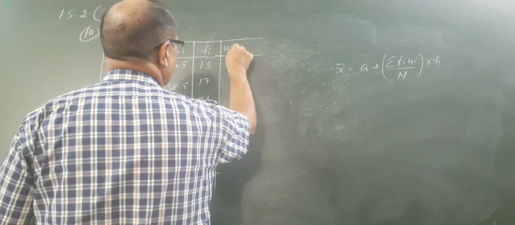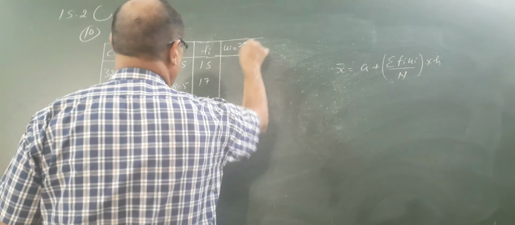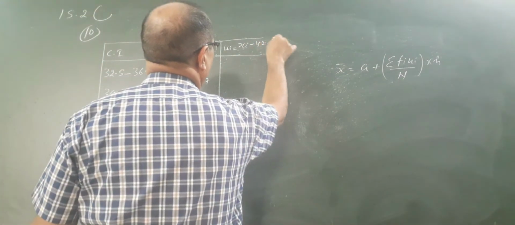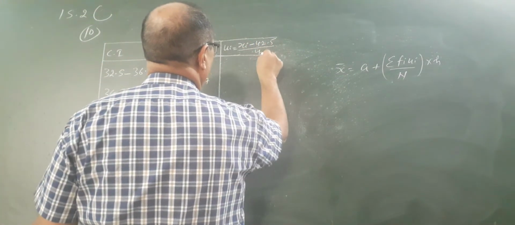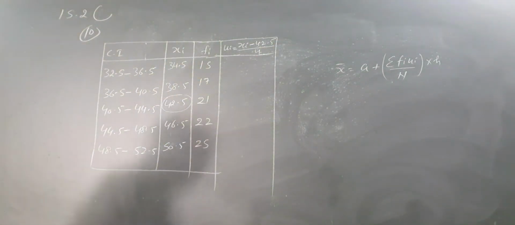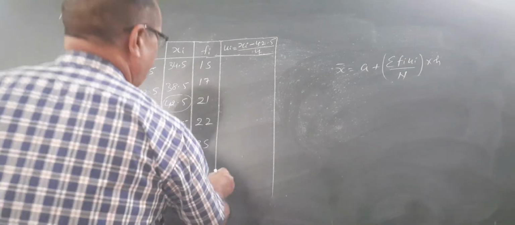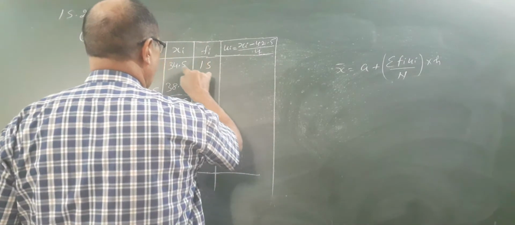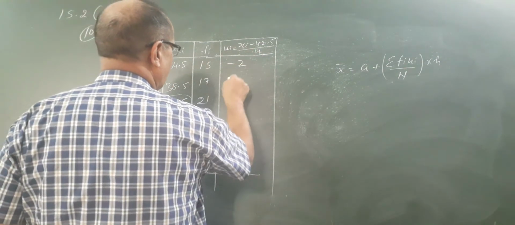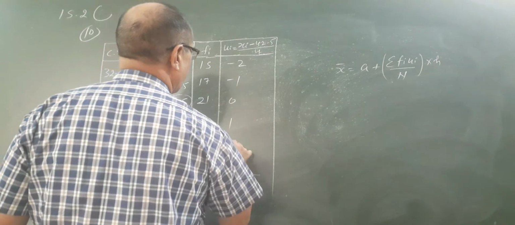What is ui? That is equal to xi minus the assumed mean, I have taken 42.5 here, divided by the height of the interval, that is 4 units. So xi minus 42.5 divided by 4, and you will get the table: for xi equal to 34.5 this is minus 2, then minus 1, 0, 1 and 2.